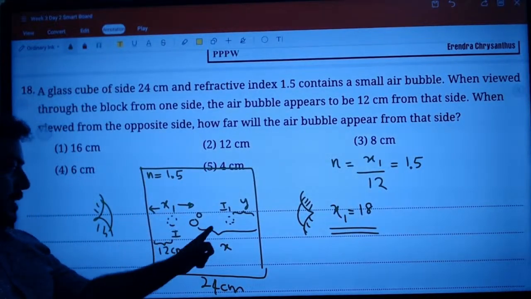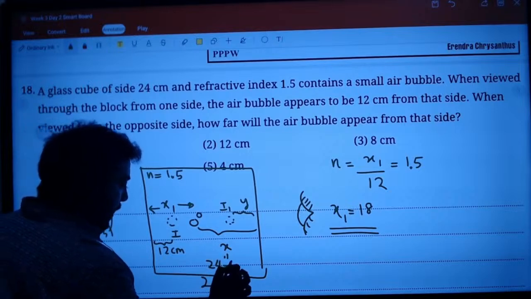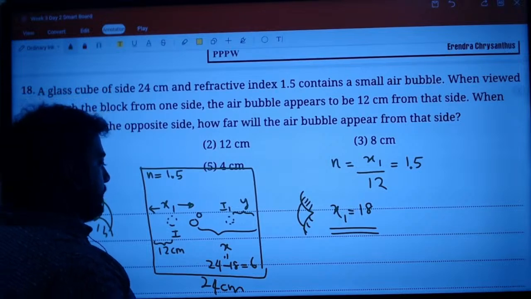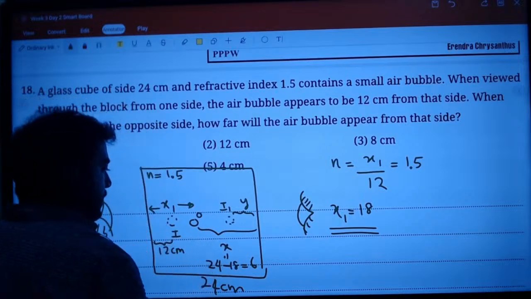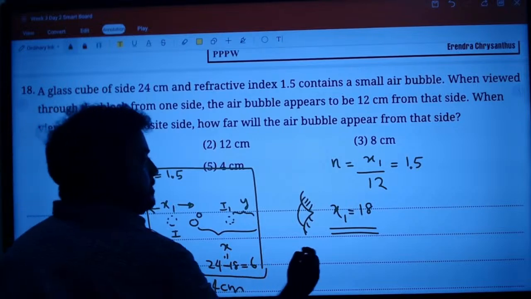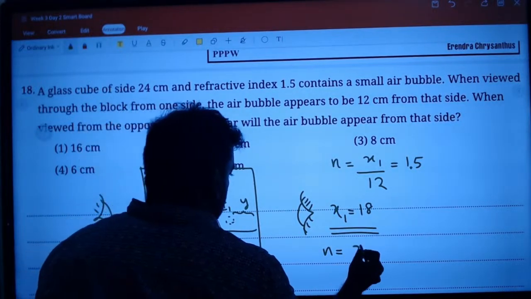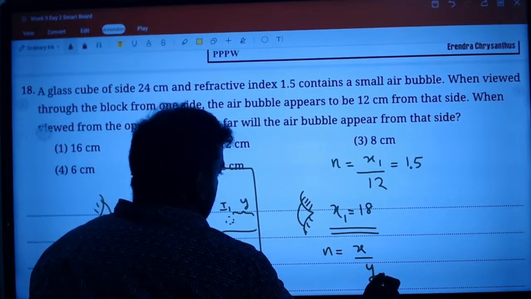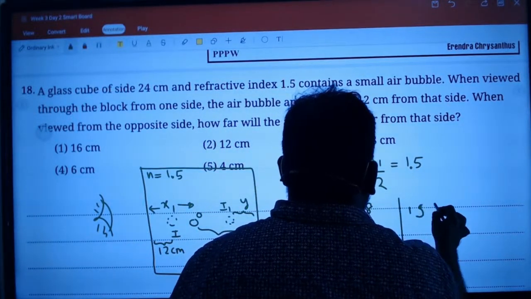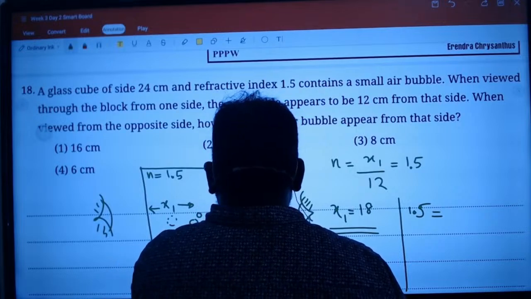x1 is 18. So how much is x? x is 24 minus 18, which is 6. Now refractive index is x over apparent depth y, refractive index 1.5.